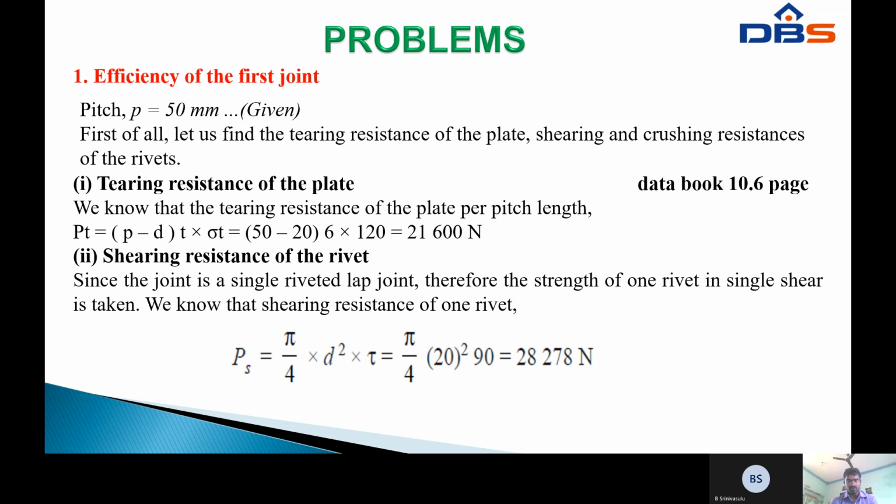First, the efficiency of the first joint. The pitch p equals 50 mm is given. First of all, let us find the tearing resistance of the plate, and the shearing and crushing resistance of the rivets.